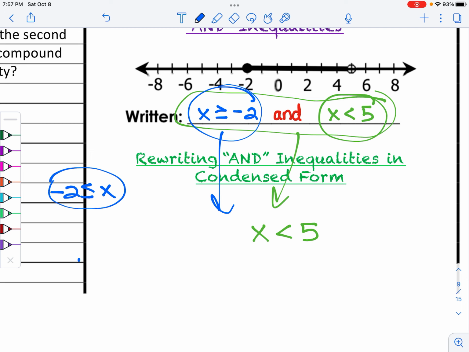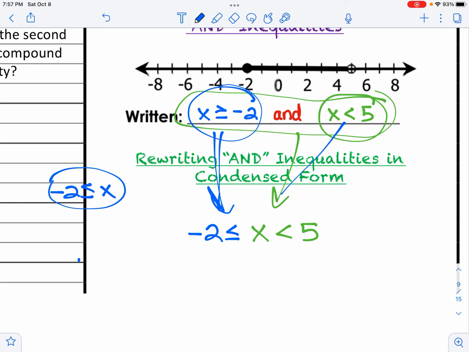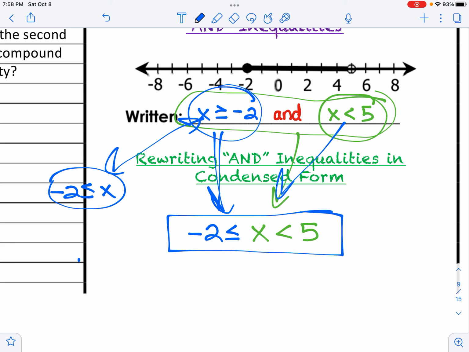Then I can just take this and put it right here because I already have the x in the middle. So really, all I need is this and the negative 2 here. So now I've just taken this part, put it here, and this part, put it here. Remember, these two things mean the same thing, and that's why I can do it. This right here is called condensed form. And so you can go back and forth between this and these. You should just know that they mean the exact same thing.